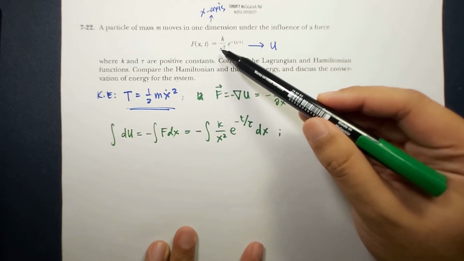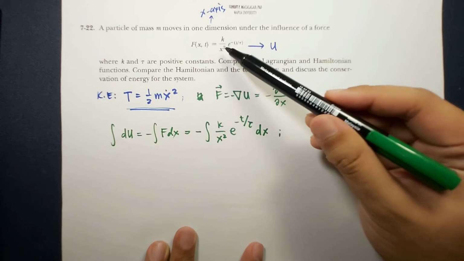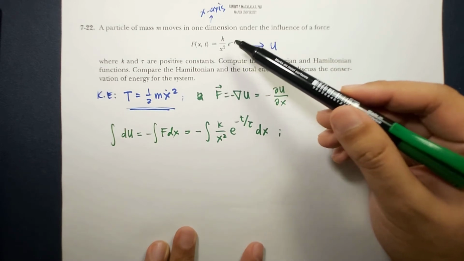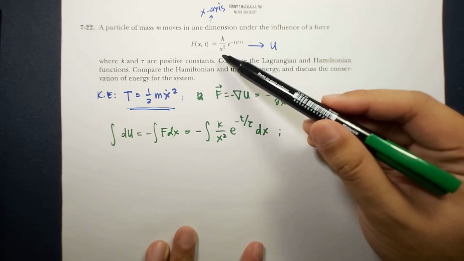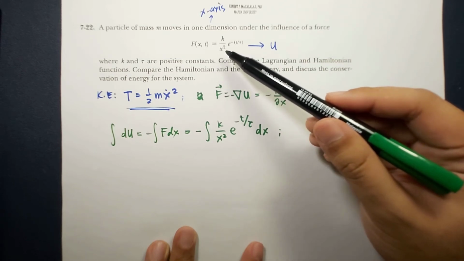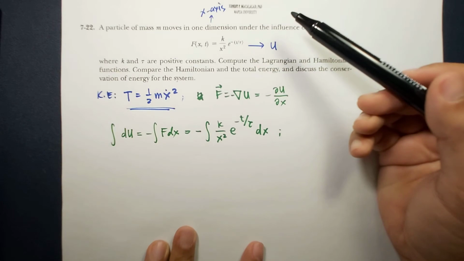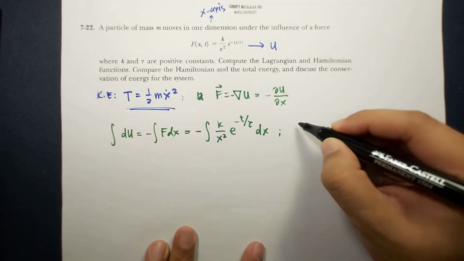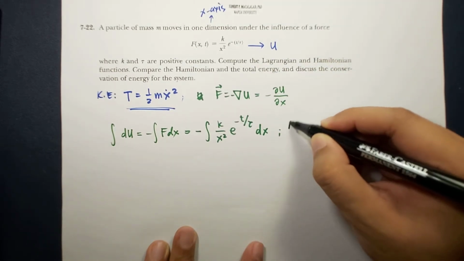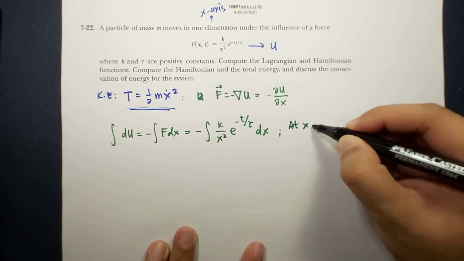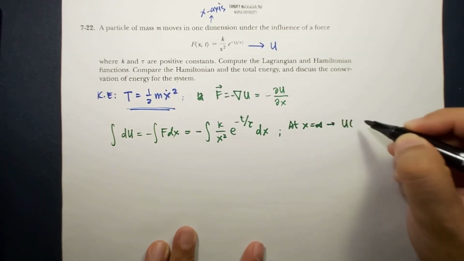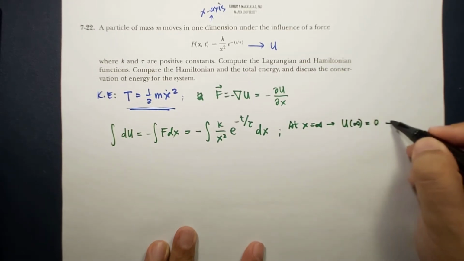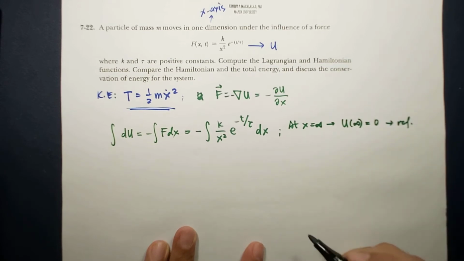Okay, so that means the potential energy at points far away from the origin will be essentially zero. So at x equals infinity, the potential energy will be equal to zero, and this will be our reference point.